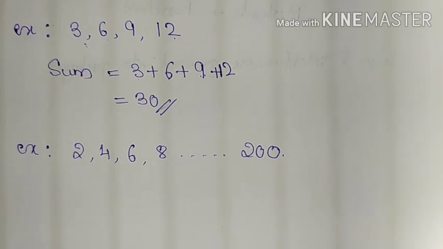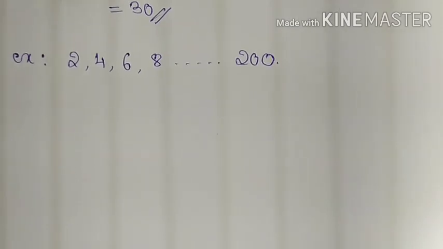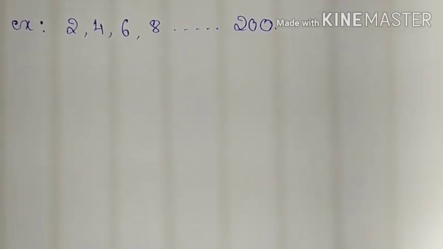How are you going to determine the sum of first 20 or first 50 or first 100 terms of this arithmetic progression? To determine the sum of first n terms, the n means it can be anything, or any natural number.